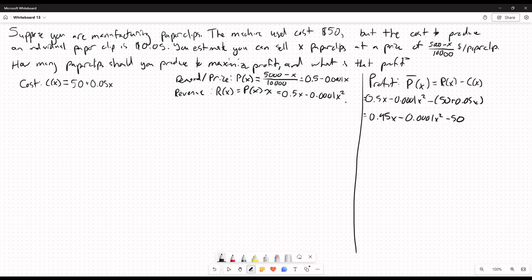We're going to think about the marginal cost and the marginal benefit, or sorry, the marginal revenue. The marginal cost says how much does it cost to produce one more paperclip.